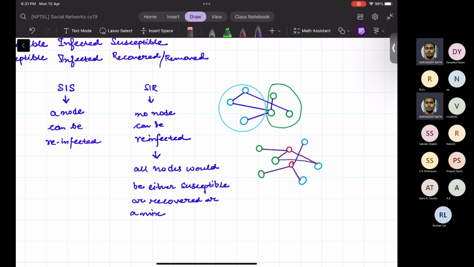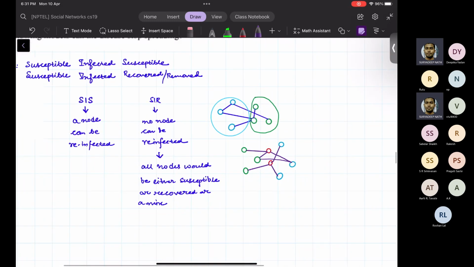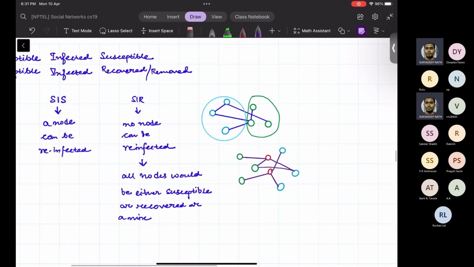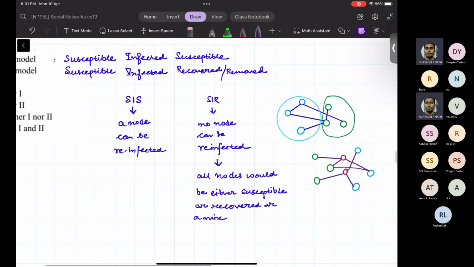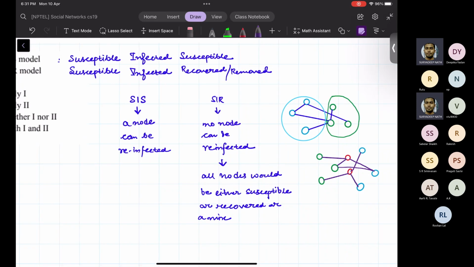So in the SIR model, all nodes would be either susceptible or recovered, or a mixture of both. But in the SIS model, a node can be reinfected. So the red nodes, that is the infected nodes, will continue to exist. They may not exist all the time, but there is no guarantee that the red nodes will vanish.